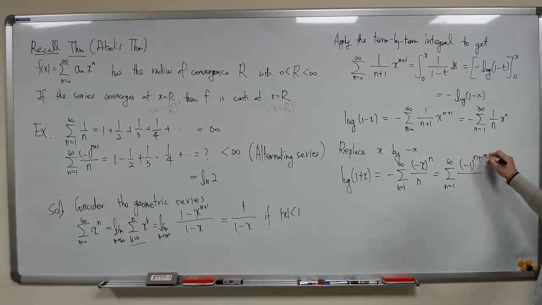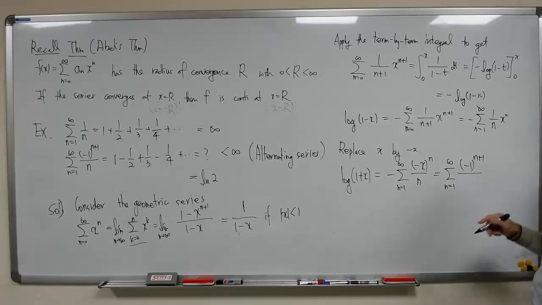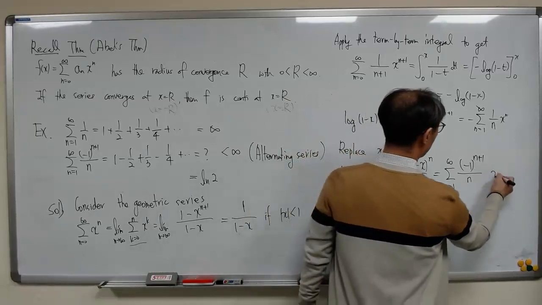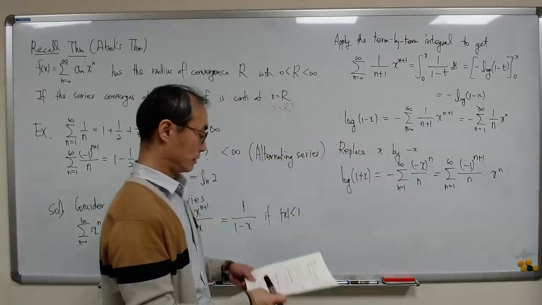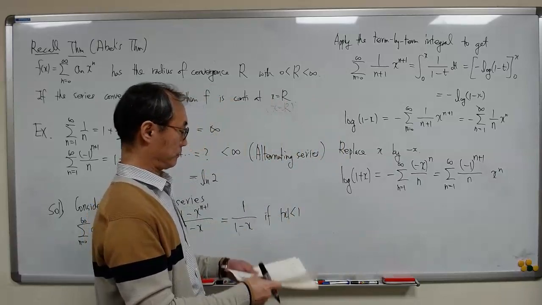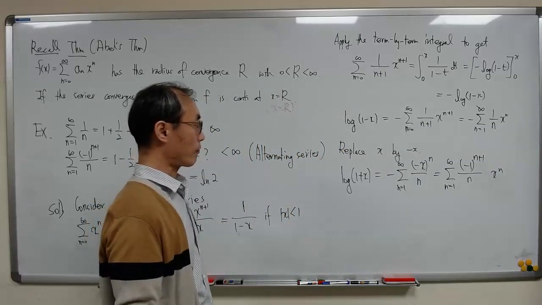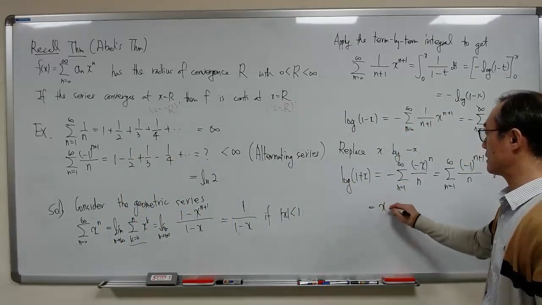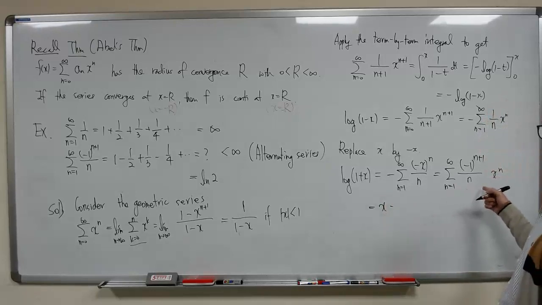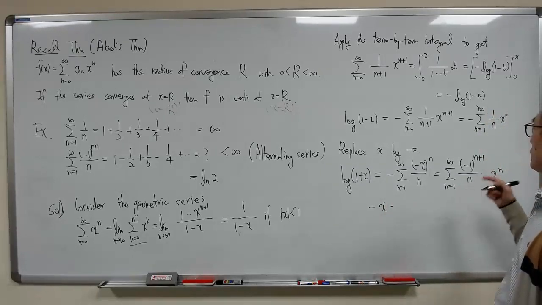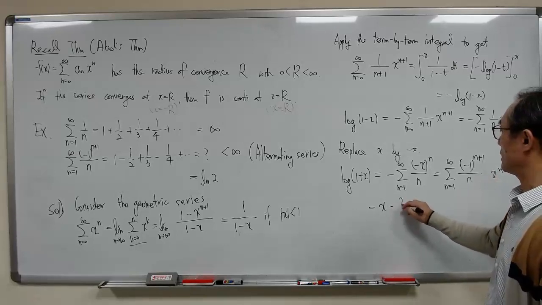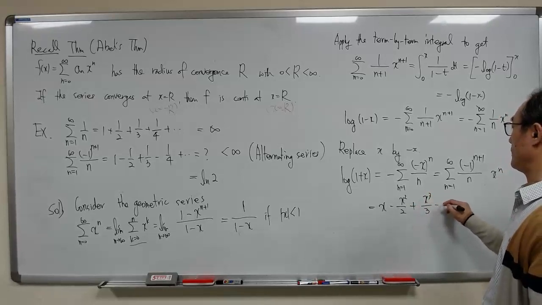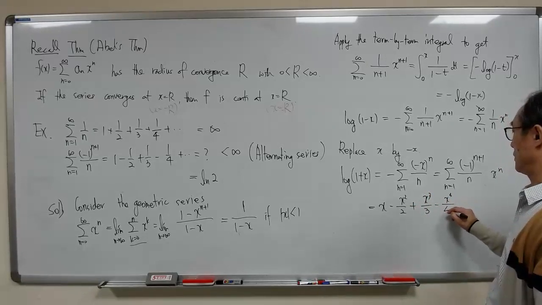That can be expressed as minus 1 to the n plus 1 over n times x to the n. This expression can be understood as x when n is 1, minus x squared over 2 when n is 2, plus x cubed over 3, minus x to the 4 over 4.